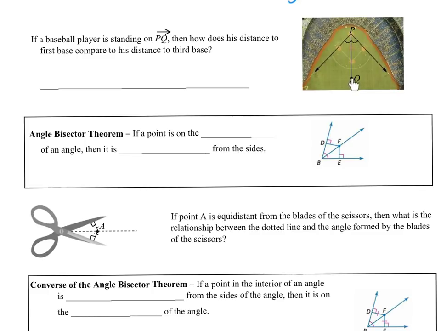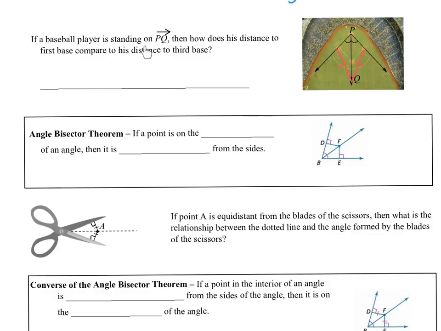Well, how do you suppose the distance from first base to where the baseball player is standing compares to the distance from third base? Let's just go ahead and draw that in. So from first base to where the baseball player is standing and from third base to where the baseball player is standing, I think you can see from the picture that those distances are going to be the same.